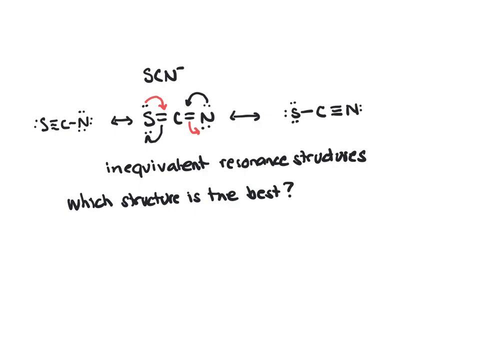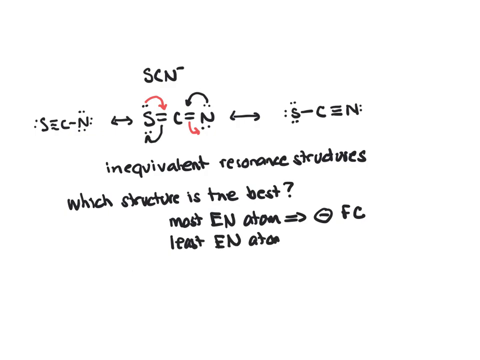So we want the most electronegative atom to have any negative formal charges, and the least electronegative atom, if we need to have some positive formal charges, we want the least electronegative atom to have the positive formal charges.